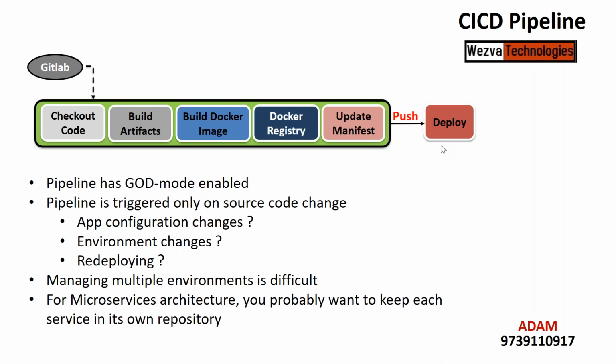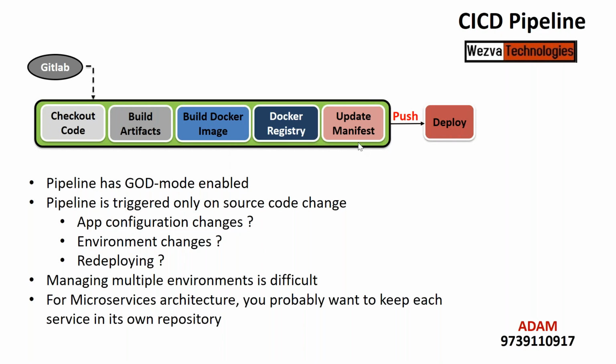But when you do all these things in an automated way, you are going to run a pipeline, which we call a CI pipeline, and that CI pipeline is going to generate a Docker image whenever there is a change. How are you going to apply this image?